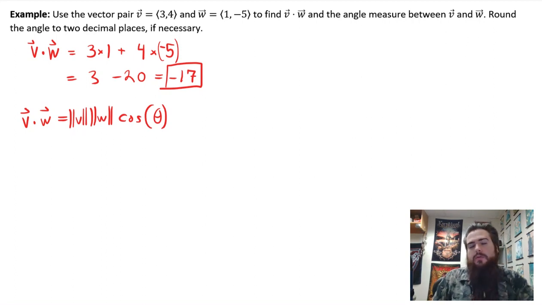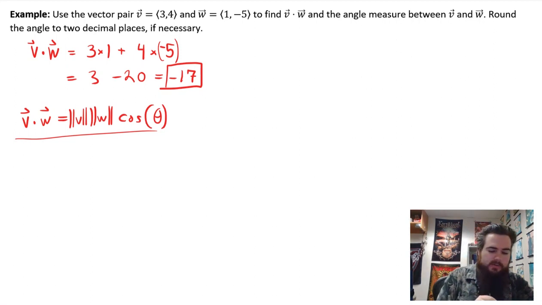This is the other formula for a dot product, but we will not use it to calculate the dot product itself. Instead, we'll use this to calculate theta, since we now know the dot product and can pretty easily solve for the magnitudes of v and w. So before I progress any further with this equation, let us find the magnitudes of v and w so we can work with those.